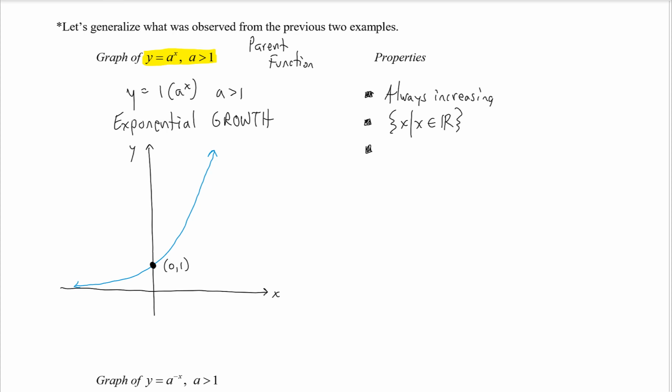Its range is all the positive numbers. It's got a horizontal asymptote at 0. It goes through 0, 1, which is the y-intercept. But most importantly for us is its shape. It's that shape that we care about.